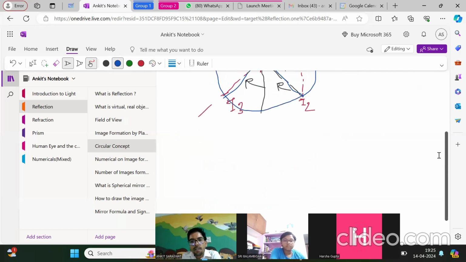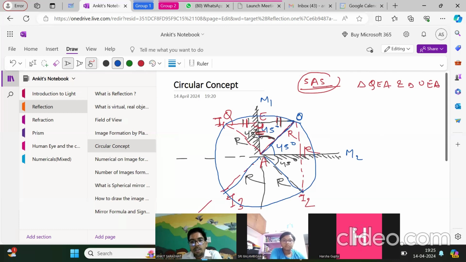Now understand, remember, if this object is 45 degree from this mirror clockwise, then the image will be 45 degree in the anti-clockwise direction. With respect to mirror 2, if this object is 45 degree from M2, then the image will be 45 degree clockwise.